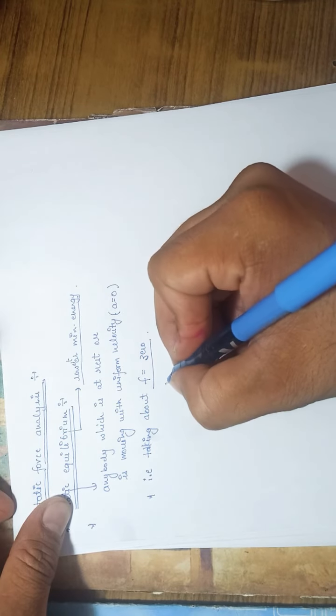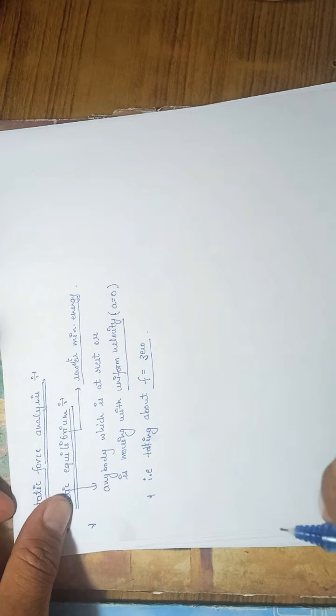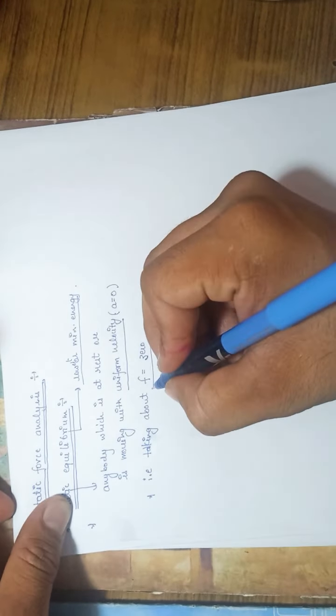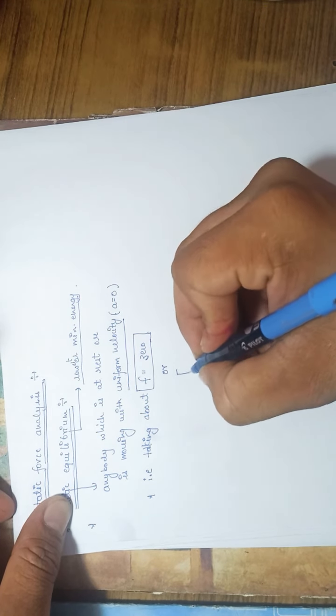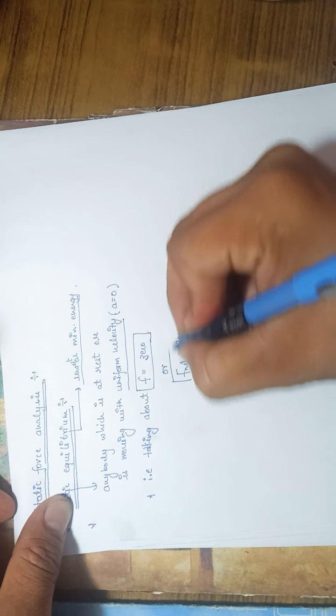If any body is moving with uniform velocity or is at rest, so no doubt the net force acting on that body is zero, isn't it?